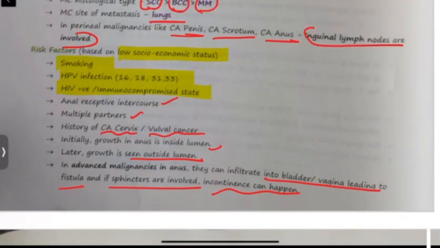Basically, we need to know the relations of the anal canal. Okay, suppose I am drawing a female.